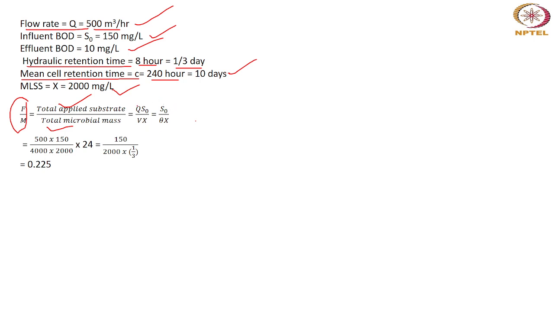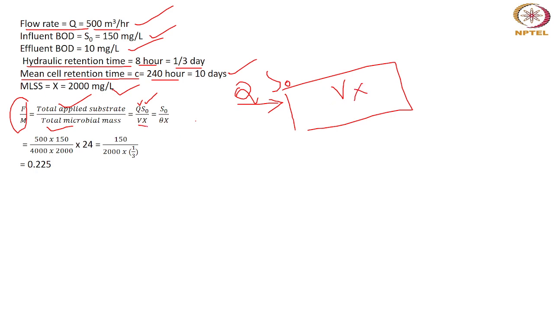So here we write Q, the flow coming into the tank, multiplied by S naught, the inlet BOD. Now this is the volume V, and whatever MLSS is there, that is X. You can convert this Q by V into 1 by H at T. I have written it in two forms: one is this form, another is this form.